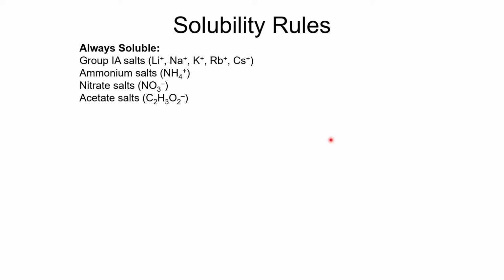The way this works, I've got these grouped into 3 different categories. The first category, if your compound contains these ions, then it almost certainly is soluble. We're not going to say it's always soluble, but we're going to say almost certainly soluble. And by soluble, we need a definition of what we mean.